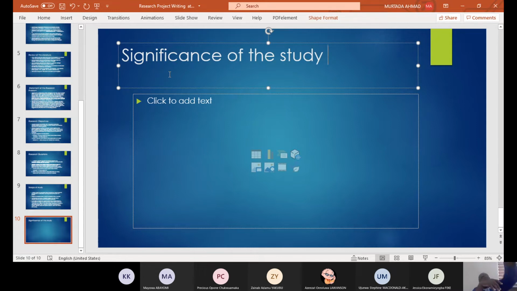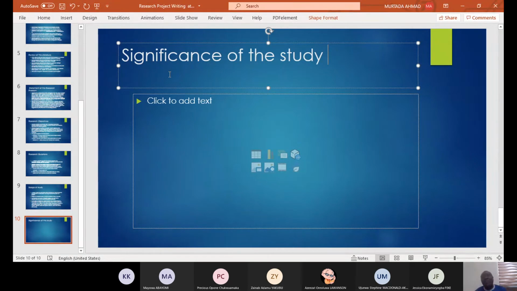But it is not located in chapter 5 of research. It is always located in chapter 1. And by the time I explain everything about significance of the study today, you'll be able to understand that it emanates from chapter 5, but its place is chapter 1.